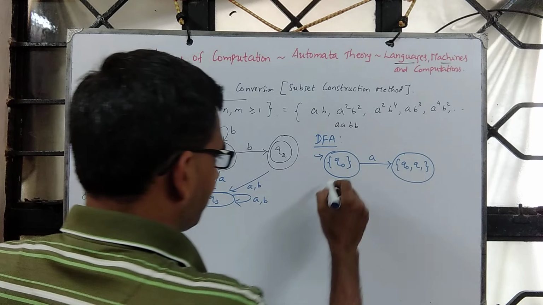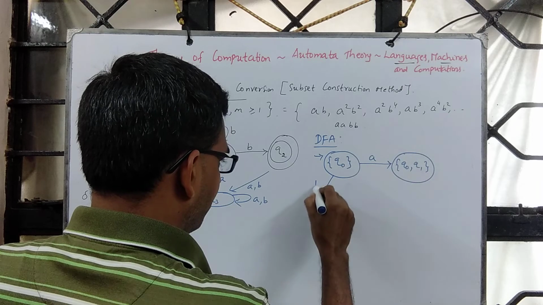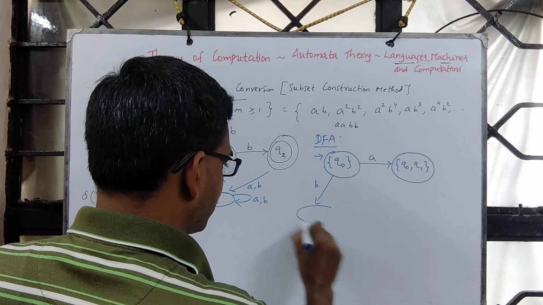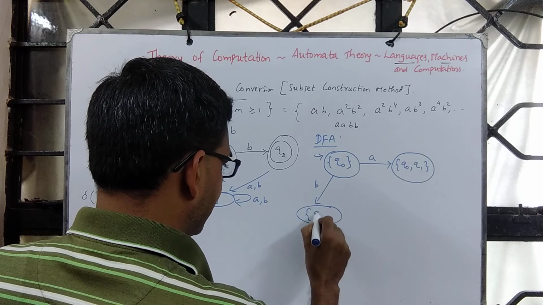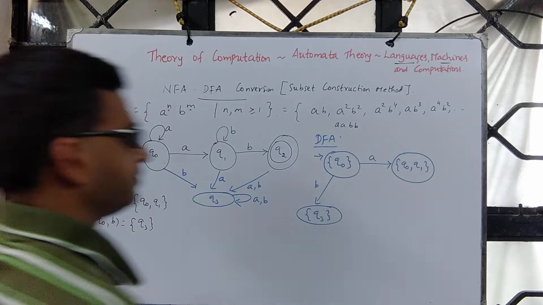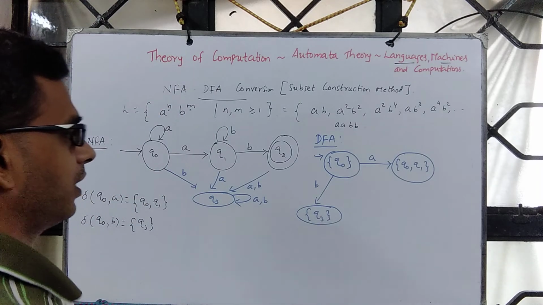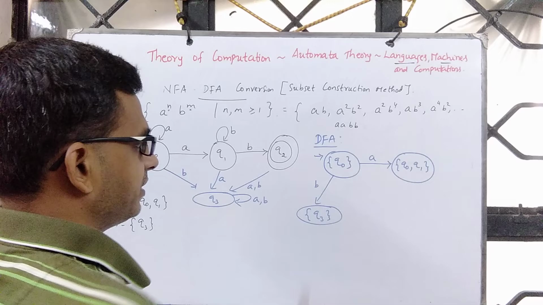So when we read a B, we go to a new state set containing Q3. Now with respect to this, A and B is defined.